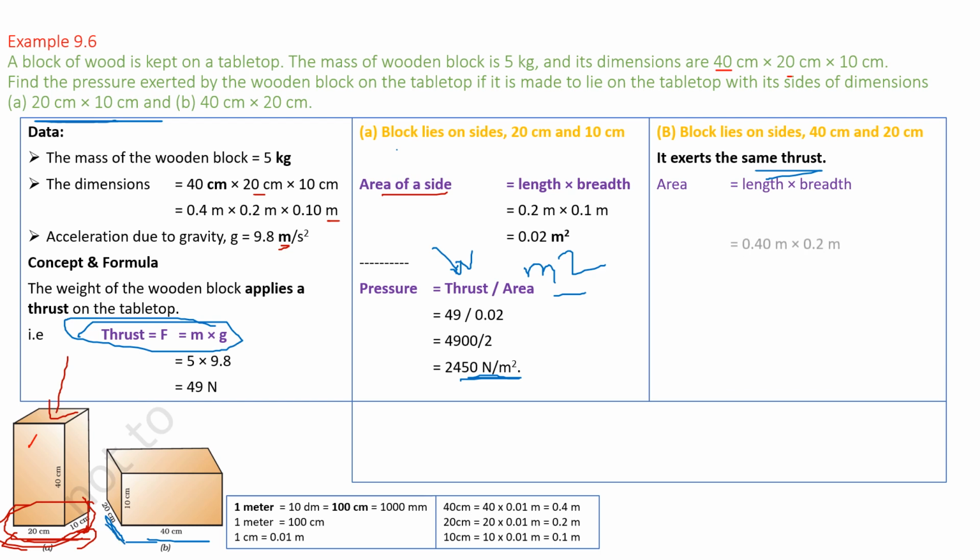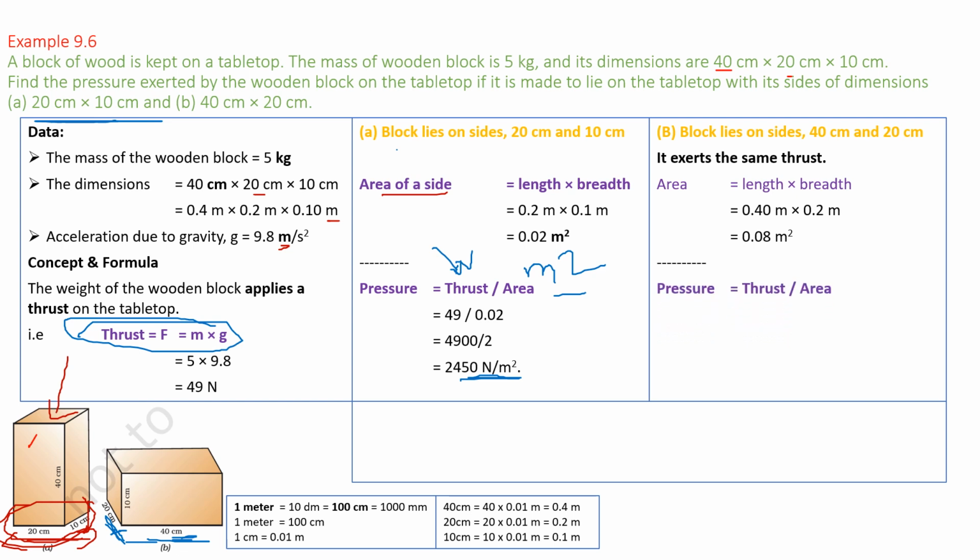So what is the area? Length into breadth, so 0.4 meter and 0.2 meter. What is that value? 0.08 meter square. Okay, go to the next one.